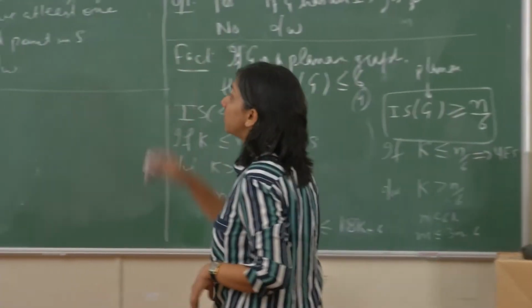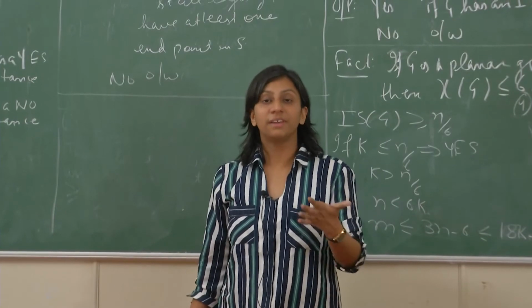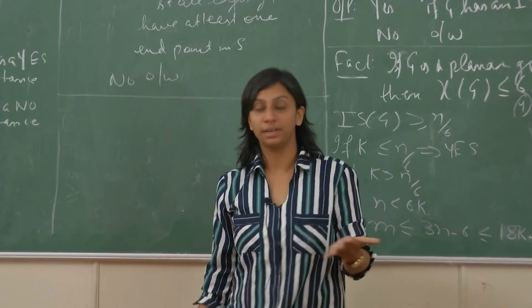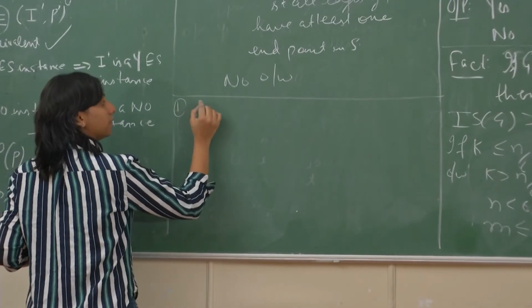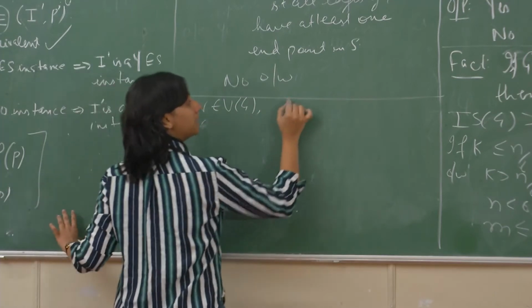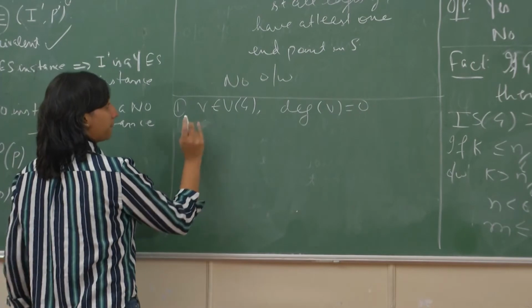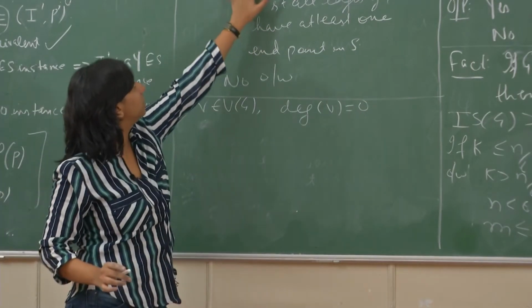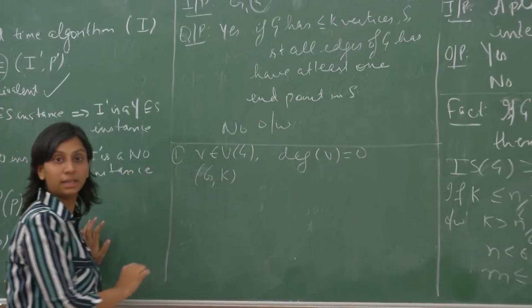So definitely, as we saw in the morning, if there are any isolated vertices in the graph, we can definitely delete them. In other words, suppose v is a vertex in the graph such that the degree of v is 0. So that means it's an isolated vertex in the graph. An instance of vertex cover is of the form (G, k).